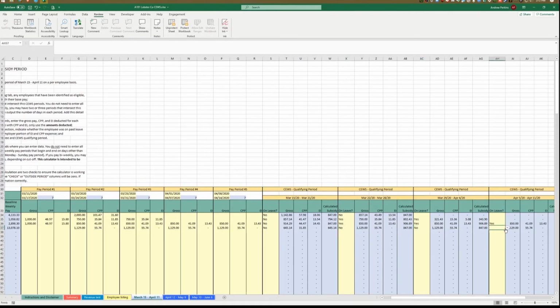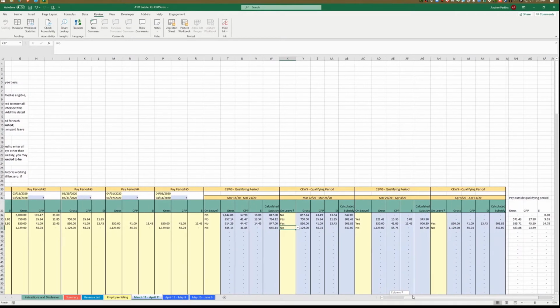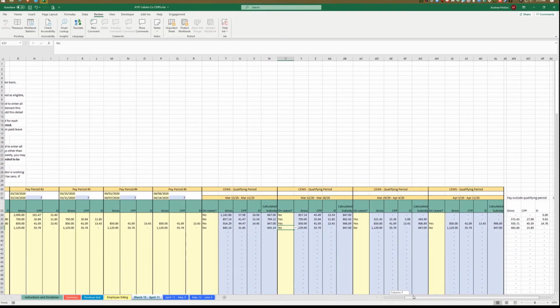And we'll see that that caps the subsidy at $847. If you were to have been on leave, you can see here where that will actually allow for a greater subsidy to be taken, and adds the $55.74, the employer portion of the CPP expense. So that's the calculation of the subsidy for the qualifying period of March 15th to April 11th.